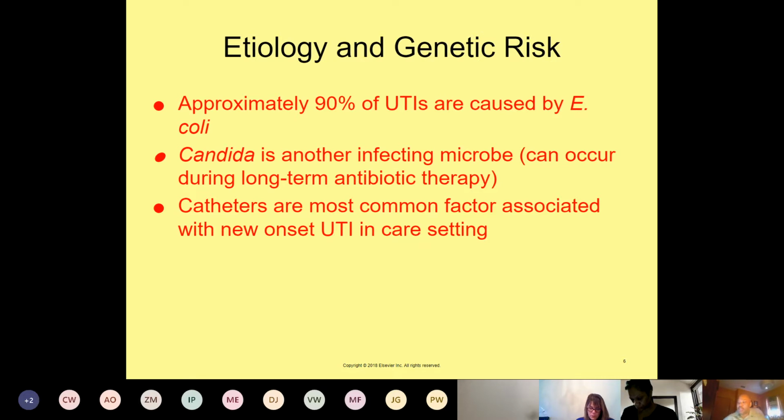Now, sometimes, and this is very important, your older patients who come into the acute care setting, maybe from a long-term care facility because something went wrong, may come in with urosepsis as well.